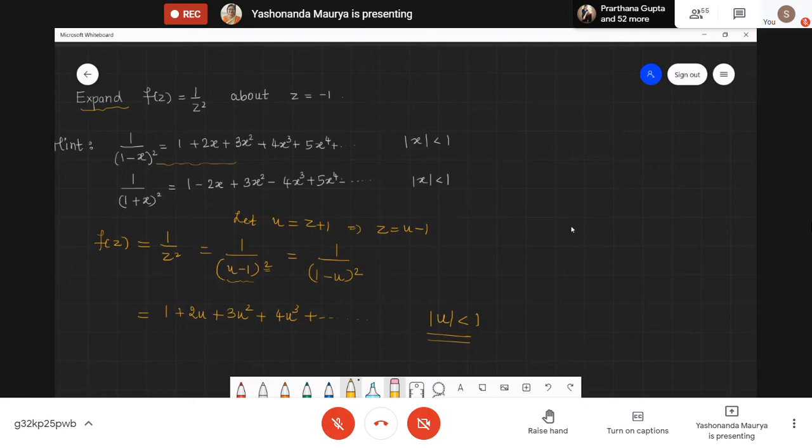See over here, ultimately it was this expression that we were trying to simplify. This function is not analytic at which point? At u equal to 1.